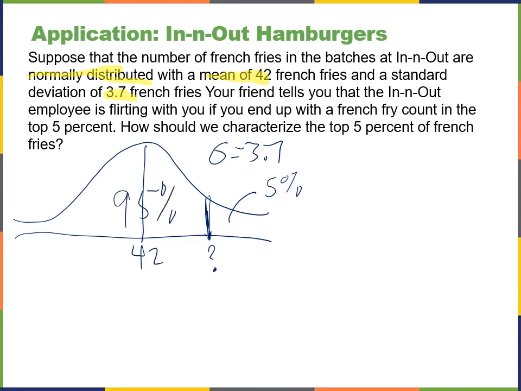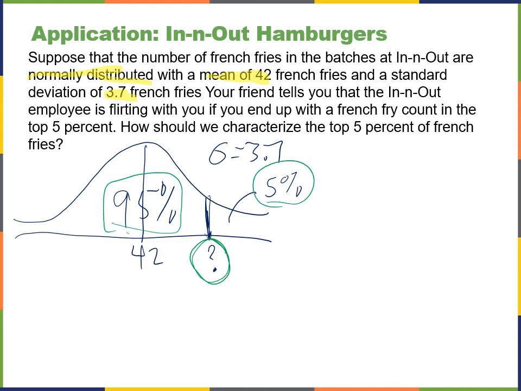Obviously, this is a ridiculous question, but that's not the point. The point is, look at what this question is asking you. This is the exact opposite of every question we've looked at so far. Every question we've looked at so far, we have been given this amount, the number of fries or the score or whatever, and we had to figure out what the area is.